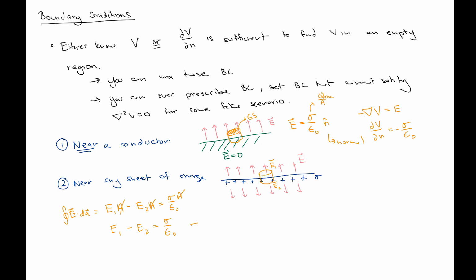That tells me something about my boundary condition, about the slope of the potential normal to my surface. I know that the slope of the potential above minus the slope of my potential below has to be equal to negative sigma over epsilon naught.